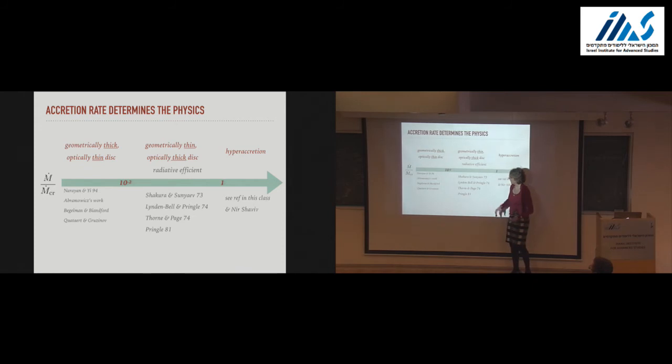Generally, people think that this kind of geometry holds for accretion rates between 1% of the critical value and 1. What happens below 10 to the minus 2? We have a radiatively inefficient disk, as opposed to the radiatively efficient ones, the one that I just described.